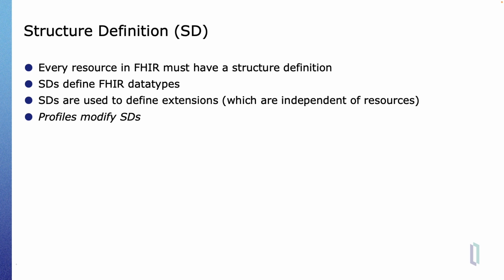We have constraints. Structure definitions can impose constraints on how a resource is used. For example, they could specify that certain elements must be present or that certain values must be used. And then finally, we have extensions. FHIR allows for the creation of extensions to add custom data elements to resources. Structure definitions define these extensions, including their data types and constraints.